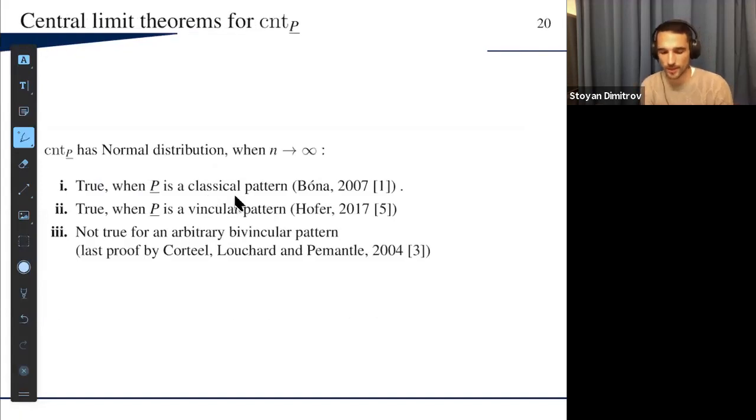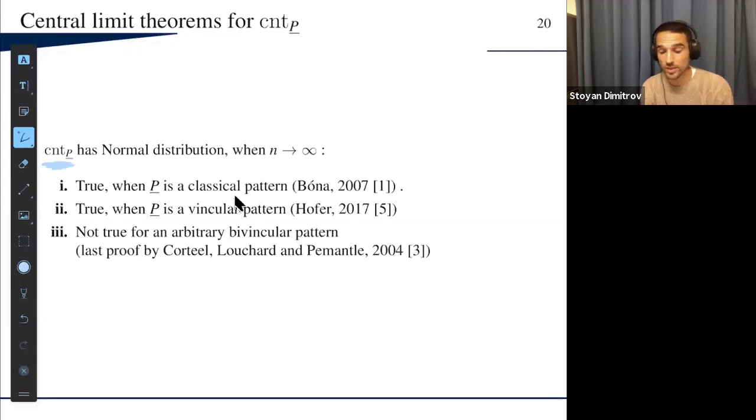Okay, so now I will move on to discussing some asymptotic results that we got using our previous results mentioned so far, in particular to investigate the limiting distribution of, again, this statistic CNT for some pattern P. And it turned out that this number of occurrences for this pattern has normal distribution in several cases, and this was first established by Miklós Bóna for arbitrary classical patterns, and then by Lisa Hofer in her master's thesis for arbitrary vincular patterns.